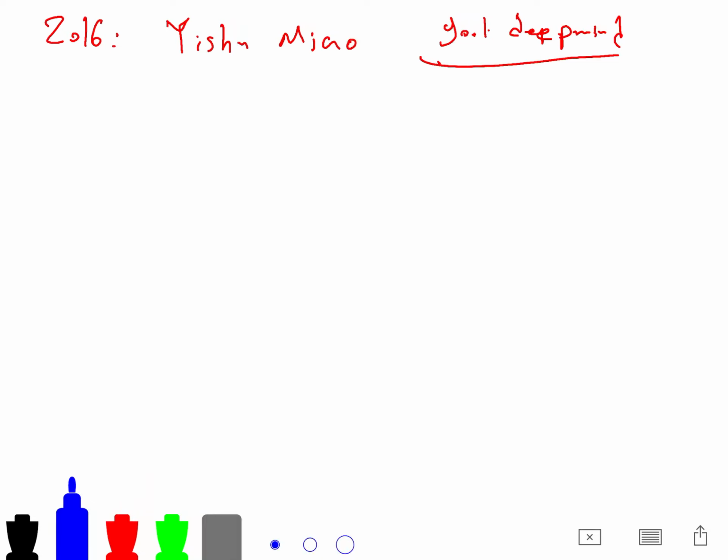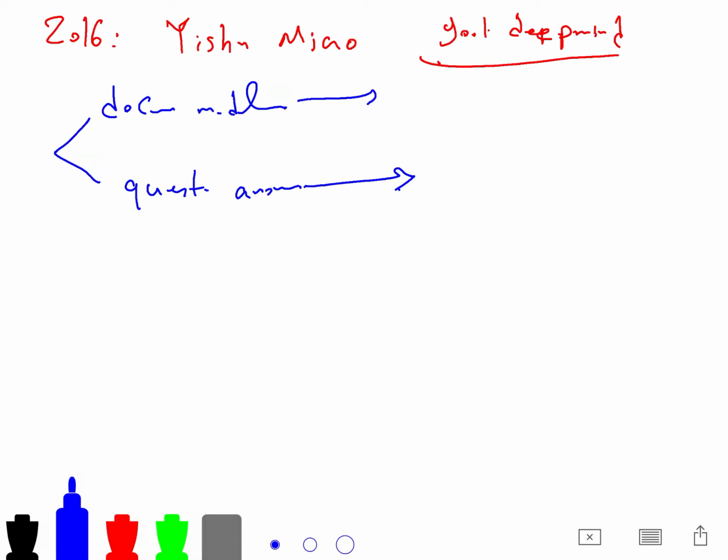They applied the variational autoencoder to two things: one is document modeling, the other is question answering. Here is a set of candidate sentences, and here we extract a semantic latent variable.